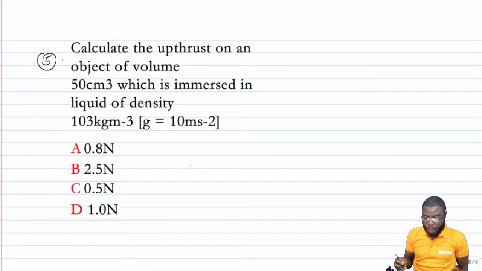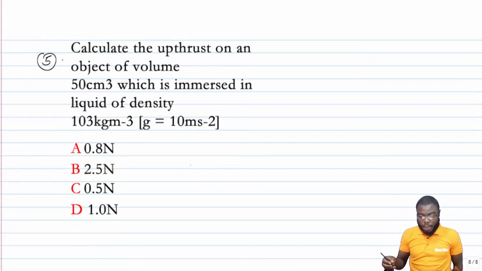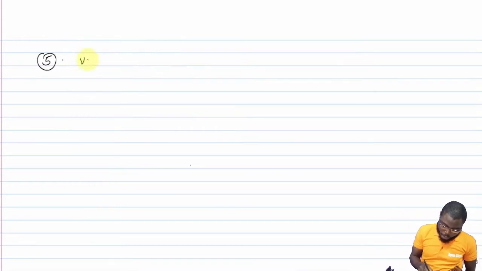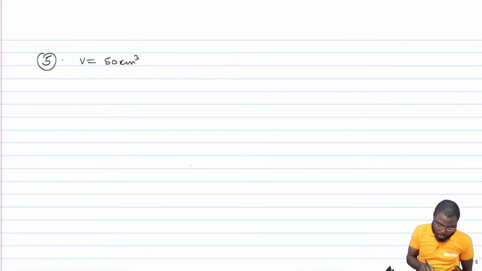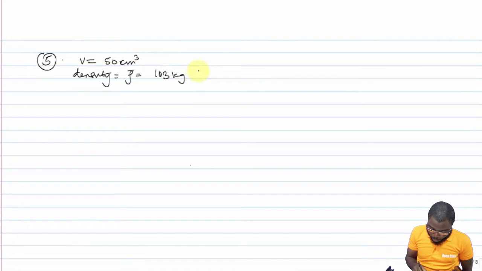So we are to calculate the upthrust on an object whose volume is 50 cm cube. The density, which is your rho, is given as 10^3 kilogram per meter cube, and your acceleration due to gravity, g, is given to be equal to 10 meter per second square.